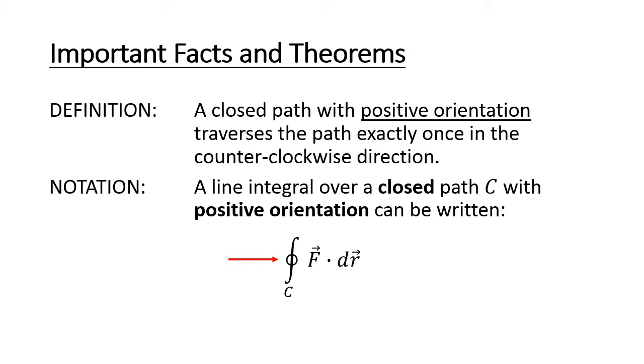All those words are written so much more nicely and compactly with a little circle around the integral. So that's just a notation thing that we're going to be using throughout the rest of the semester.